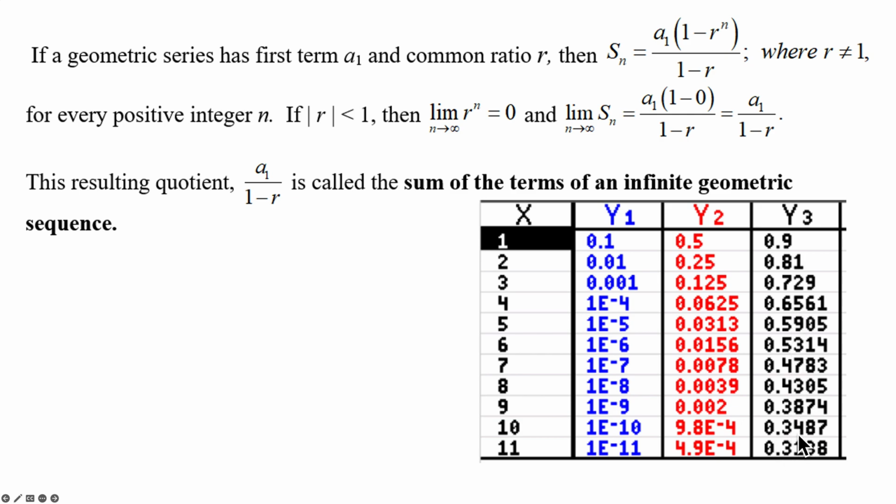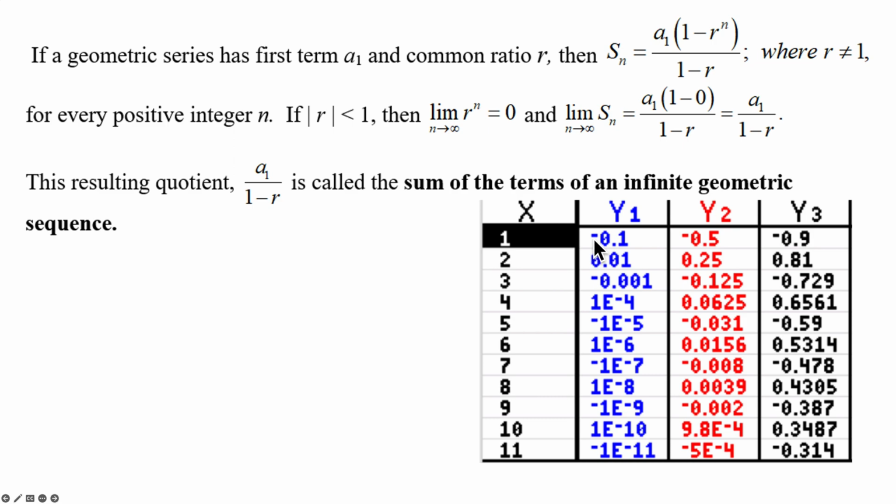It will approach 0. And even if I put negatives on those bases, my signs are alternating, but they're still approaching 0. I'm just bouncing back and forth, if you will, over the x-axis. If you try to plot this, it's still approaching 0.